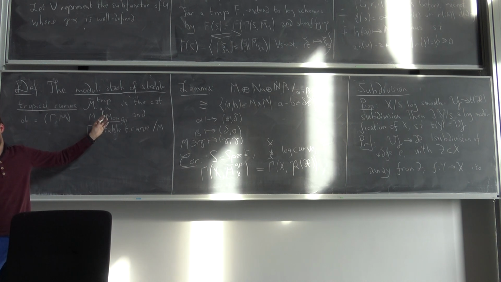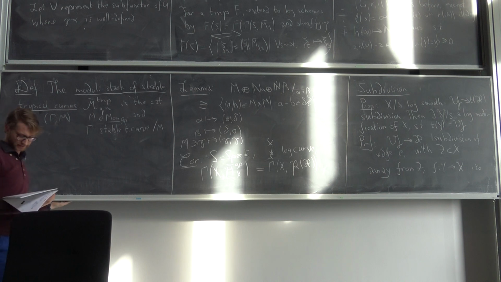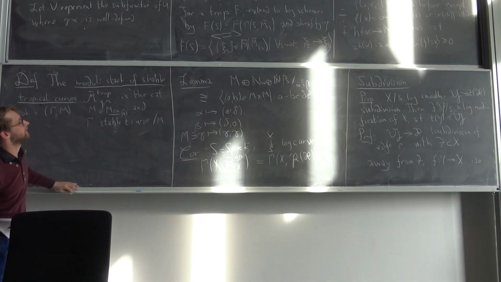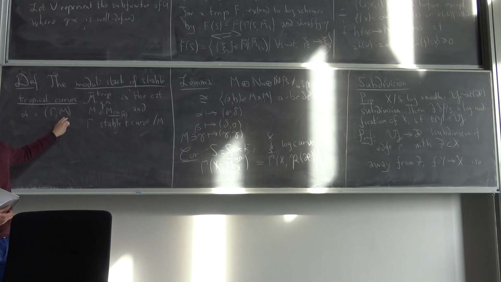What were they? Strict morphisms. Sorry, wrong word: sharp morphisms. And we've already seen that for a morphism of monoids you get an edge contraction. So that's what we should have on the graph side. And this is clearly a moduli problem because we've basically defined it as that. We've got this part and we just add some extra data.